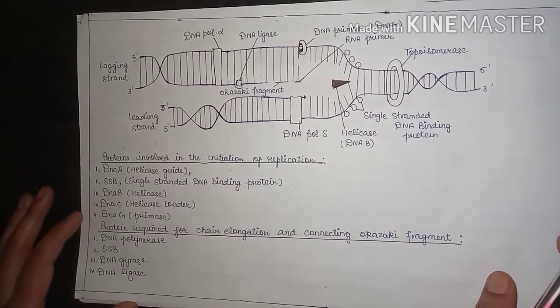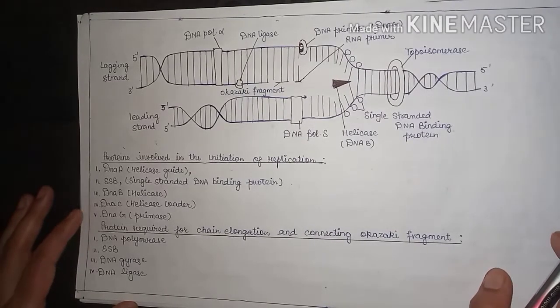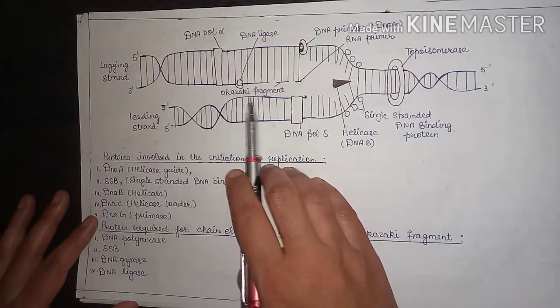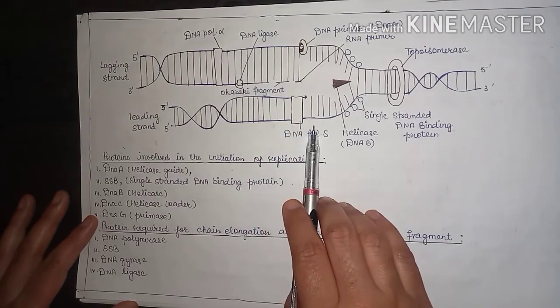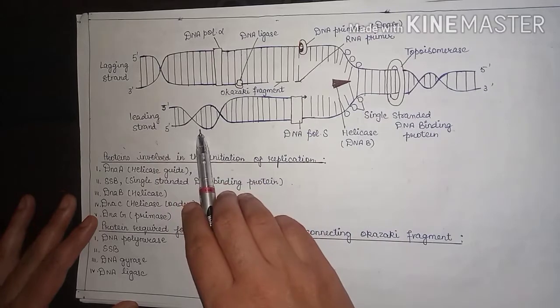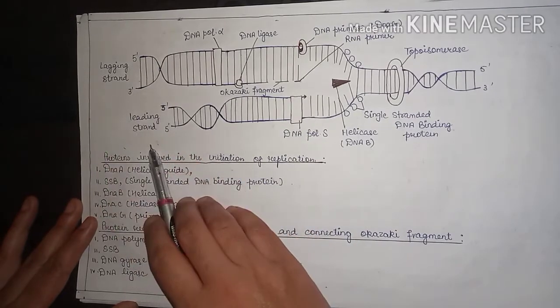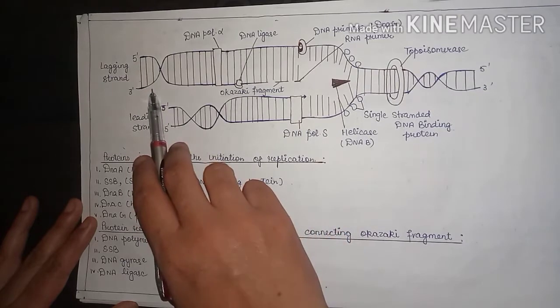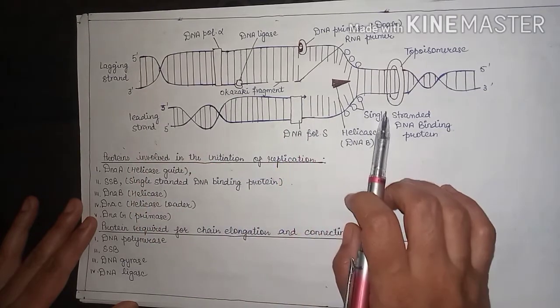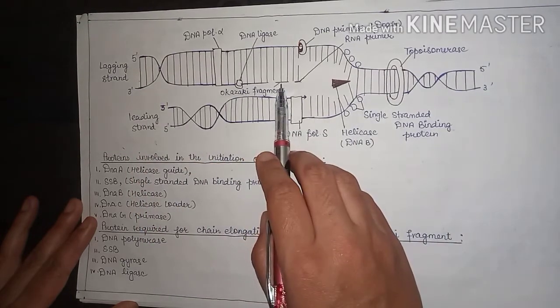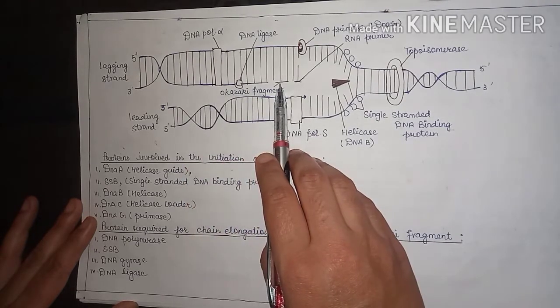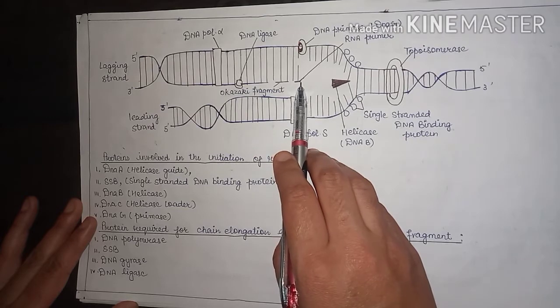So this is the diagram of DNA, how the strand is uncoiled and DNA replication is performed in this case. There are two strands here. First is the lagging strand present over here, and this is the leading strand. In the lagging strand, Okazaki fragments are present, right? These are the fragments that lead to performing the replication.